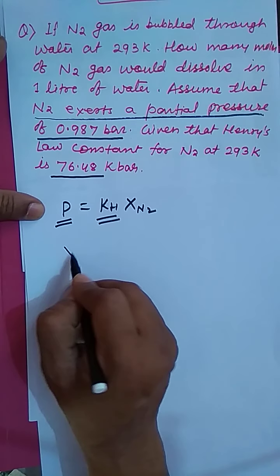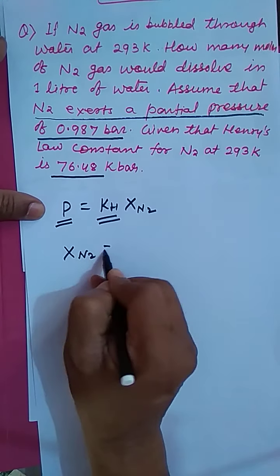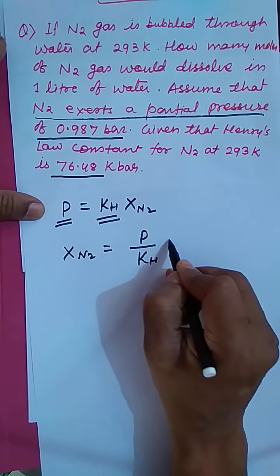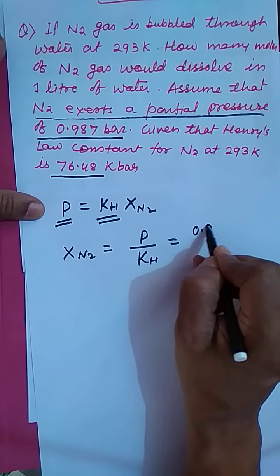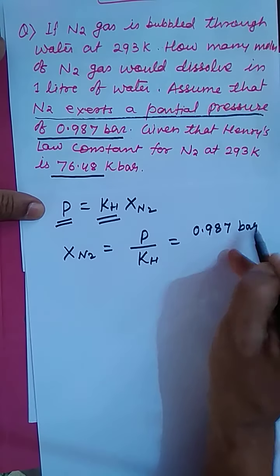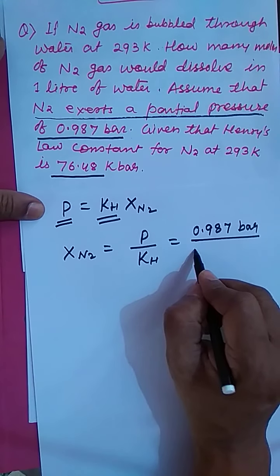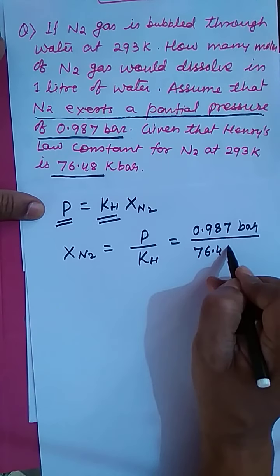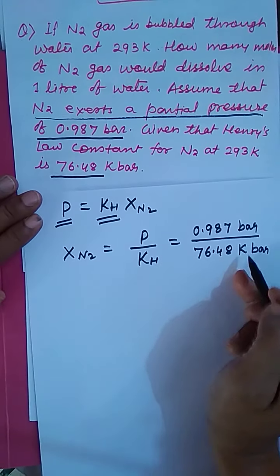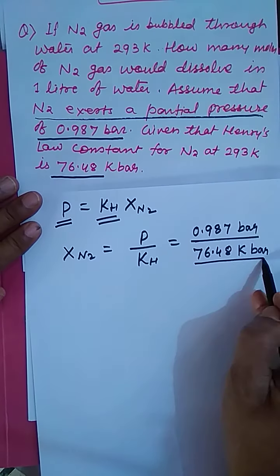So you can calculate the mole fraction of N2. So X of N2 is equal to P upon KH. Here P is 0.987 bar and here KH is 76.48 kilobar. This is the problem, so you have to change it into bar.